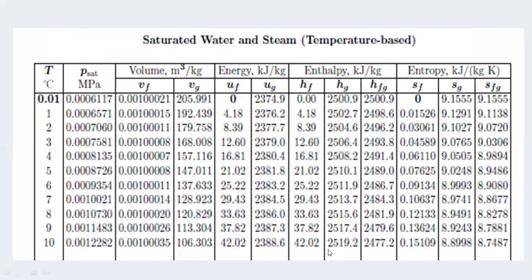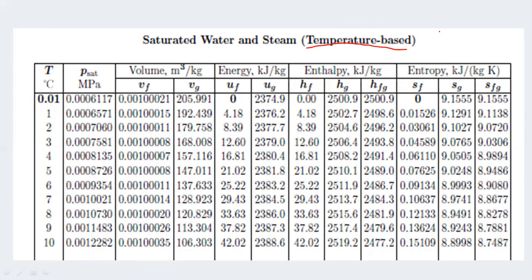Now, as I was telling you, whenever you open any of the steam tables, you have to refer to two types of values from the steam tables. That is the properties of saturated water and steam, provided based upon, one is temperature based, another one is pressure based.